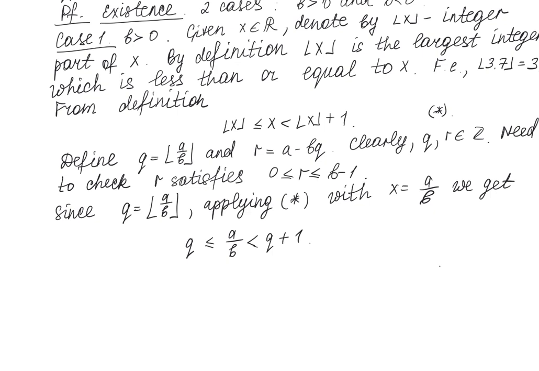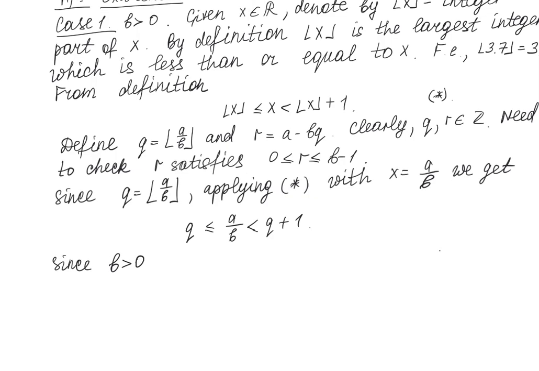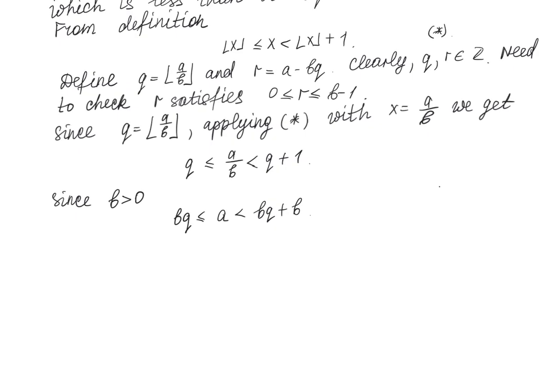And remember, our b is greater than 0. Since b is a positive number, we can multiply the last inequality by b and get bq is less than or equal to a, which is less than bq plus b. Now we can subtract bq.